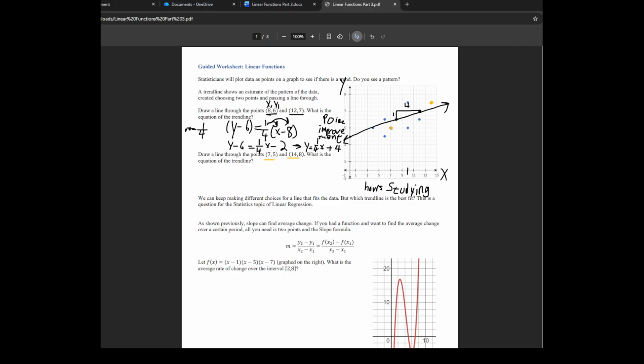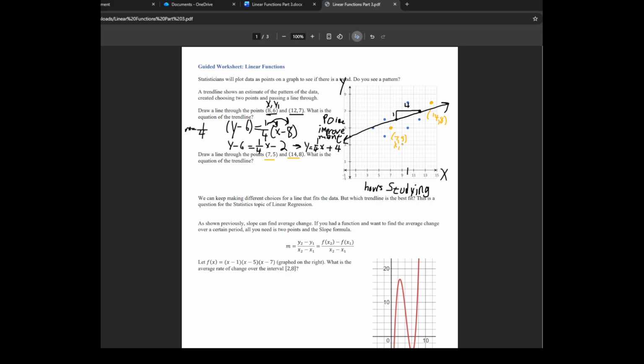Right, so we want to see how much we go up and how much we go over. I'm going to use the slope formula for this one instead of the graph. So in order to find my slope, this is 7, 5, 14, 8, same as written in the problem. We'll do y2 minus y1 over x2 minus x1.